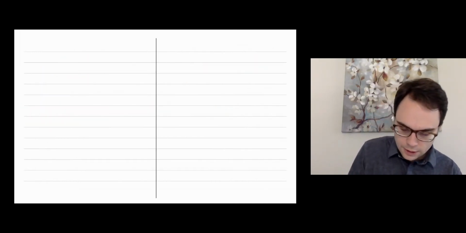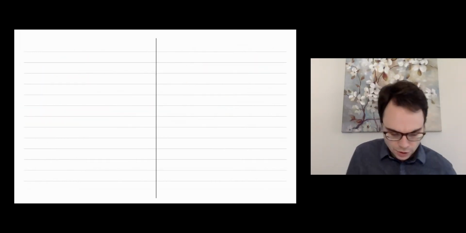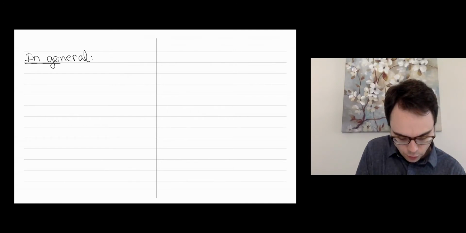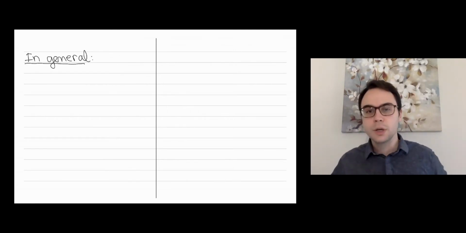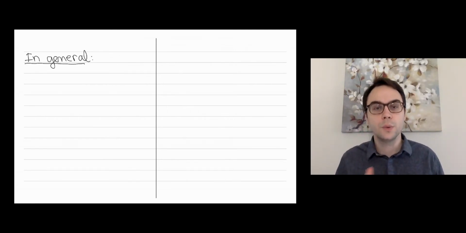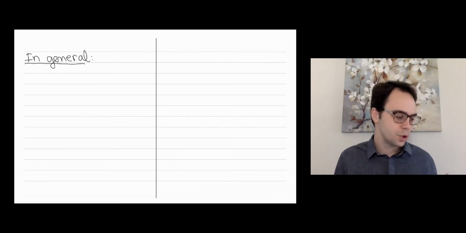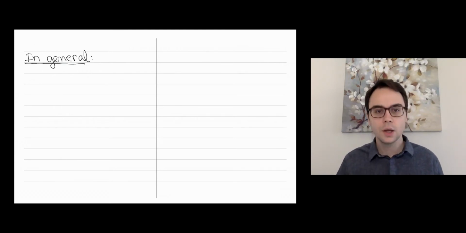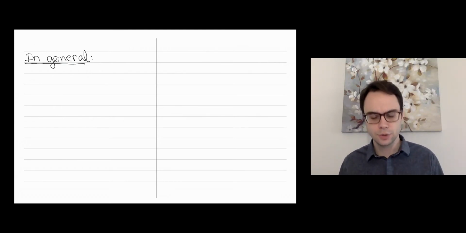Okay, now let's look at parameterizations in general. I recall the reason I'm doing this is because when we do line integrals, we don't want an implicit description of the curve, the domain of integration. We want an explicit, a parametric description.